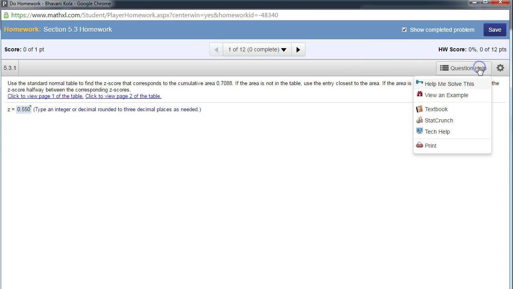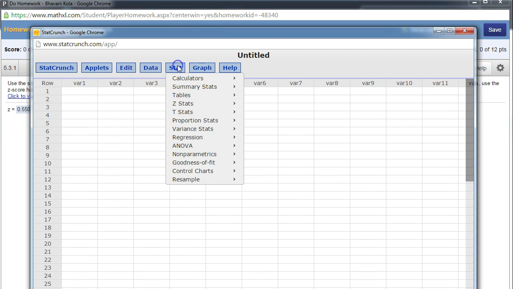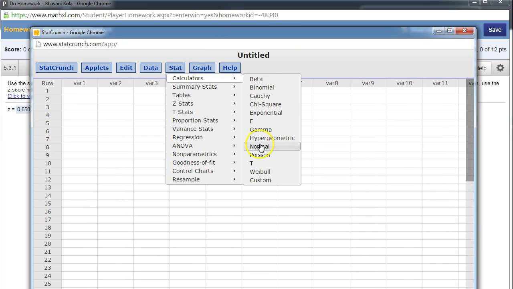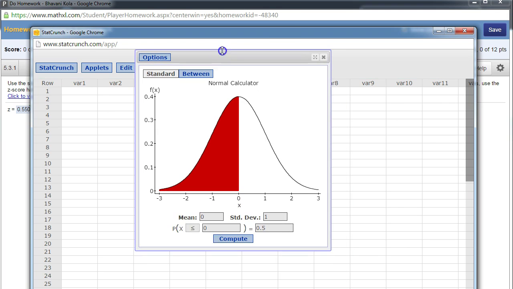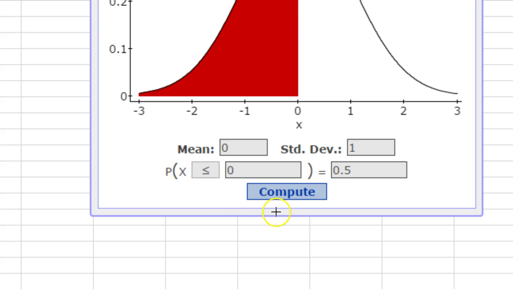Using StatCrunch, I'm going to click on StatCrunch and go to Stats, Calculators, Normal Calculator. And remember, my mean is 0 and standard deviation is 1. They gave me the area and they're asking me to find the respective z-score. So the area goes here and you're going to find your z-score value from here.